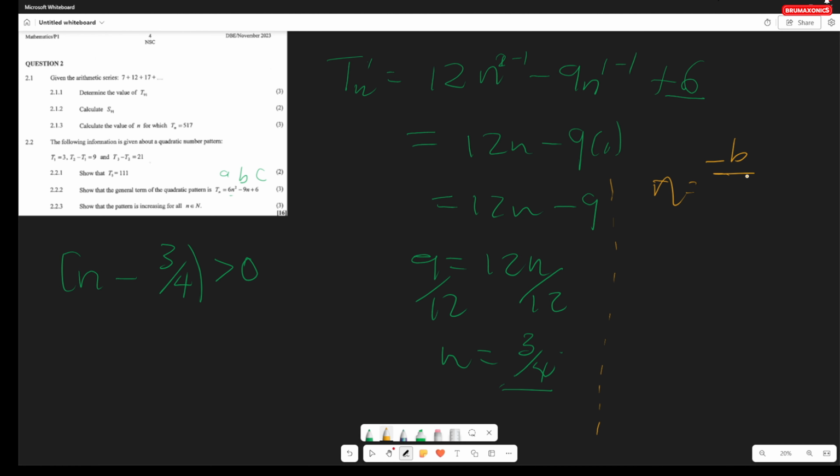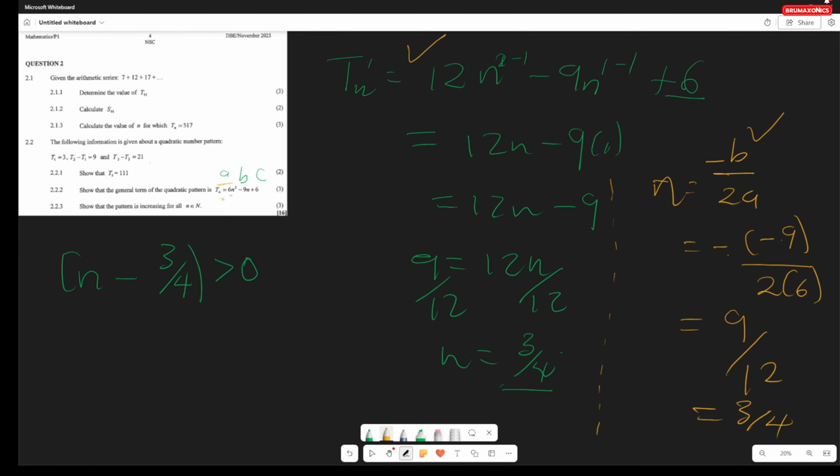Negative b all over 2a, and then our a is 6. So which is equal to negative, and then into negative 9, which is our b, all over 2, and then 6. And then negative times negative would definitely give us a positive, and then all over 12, and then n is equal to 3 all over 4. So it's either you use this formula or you derive the equation, you are going to get the same number.